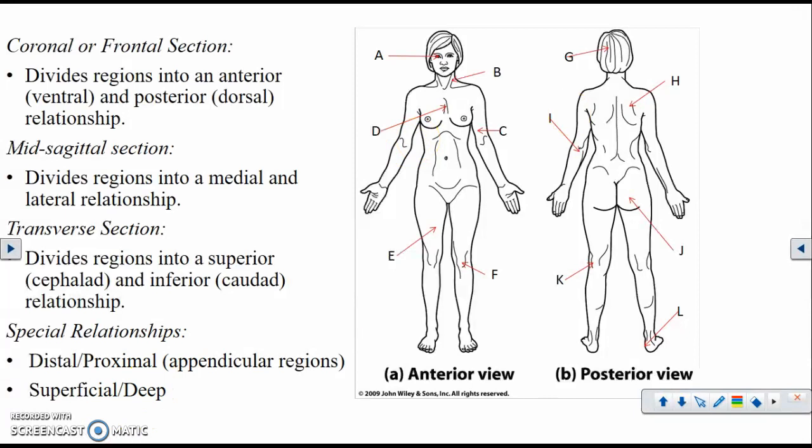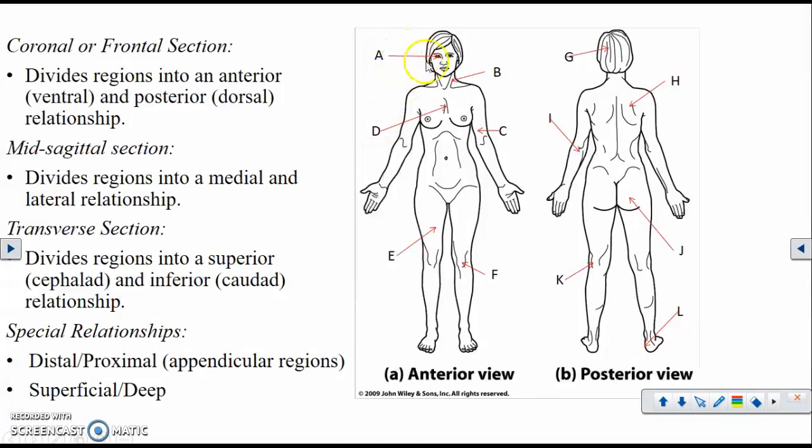Okay, so how do you apply these terminologies and these sections to this diagram? Well, let's give you an example here. Okay, so if you look at A and B, the orbital region and the cervical region, we can see that A is above B. So therefore, they must be separated by the transverse section.